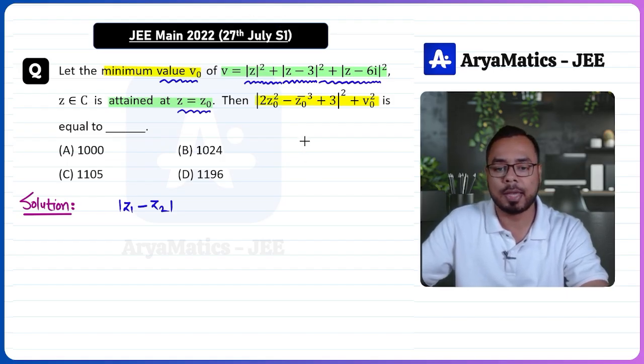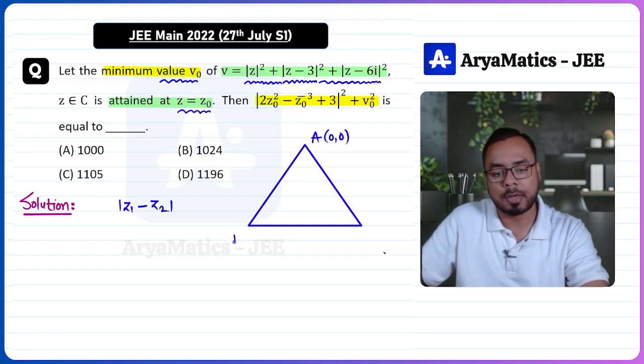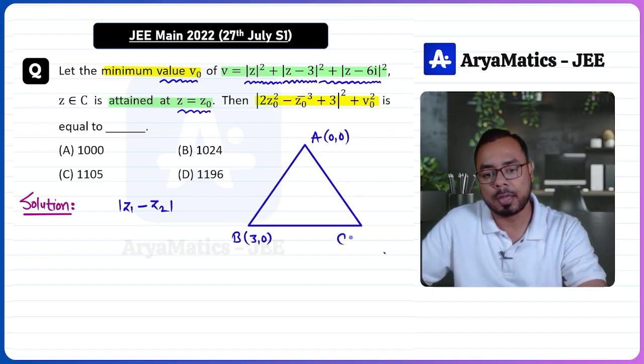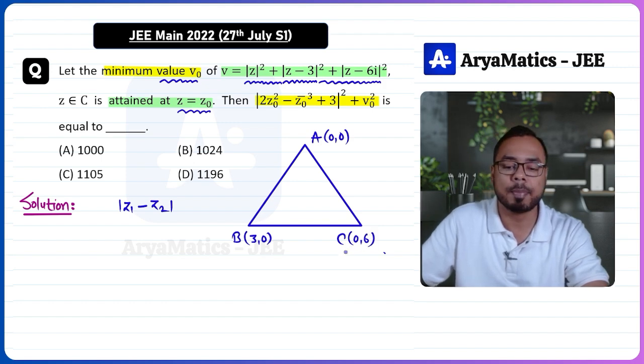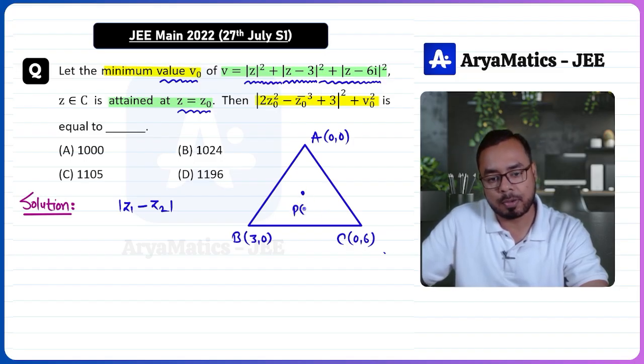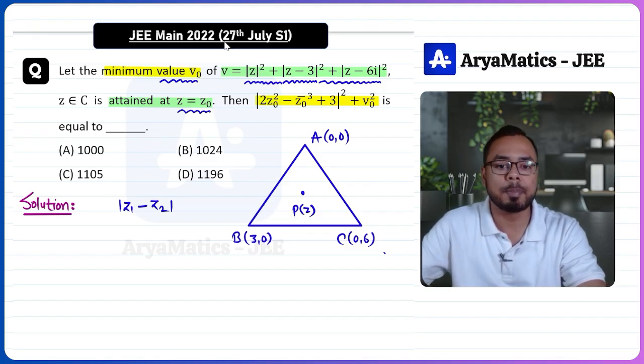So basically here, let us take these 3 points: one point A representing the origin, another point B, which is 3, 0, for the second term mod z minus 3 square, and another point C representing the complex number 6 iota. So the point will be 0, 6. Now let us say P is a point representing the complex number z. So mod z is nothing but the length PA.